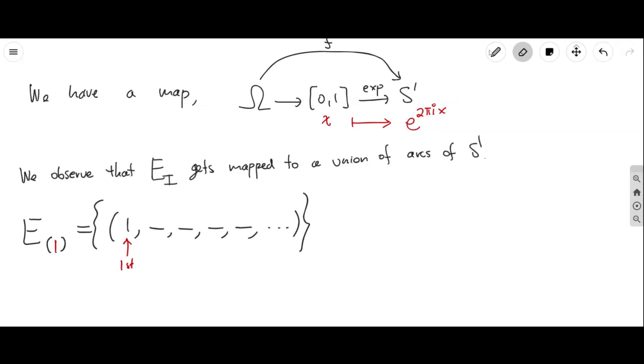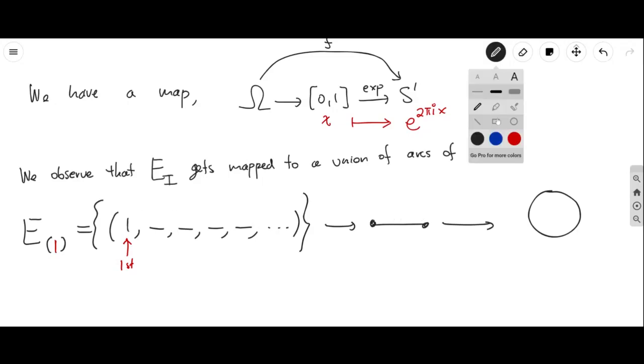Now, where does this get mapped on our unit circle? This is our unit circle. Think about this: we're doing this in two stages. We're first mapping this to the real line, and then we're mapping the real line to the unit circle by using the exponential map. If the first position is 1, then the set of all such binary sequences means that when you write it in binary, all of the numbers are in the second half.